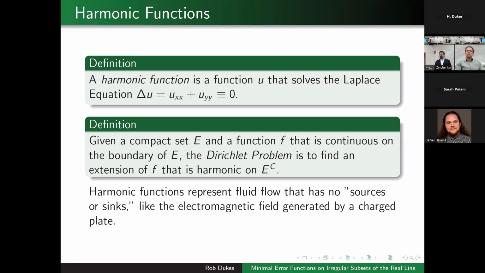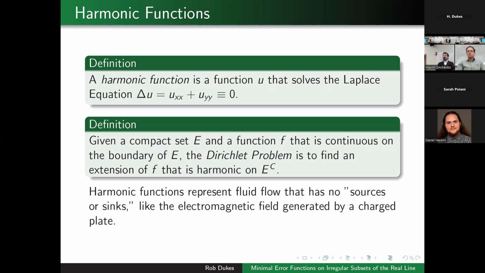So if we have our function E, and we know a function f is continuous on that boundary, then the Dirichlet problem, or Dirichlet if you're French or German, is to find an extension of f that's harmonic on E complement.